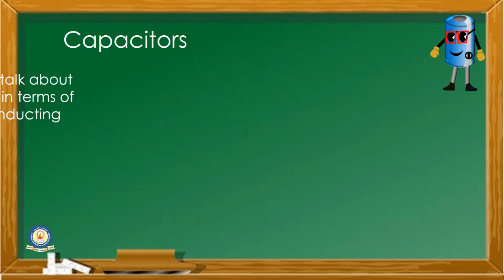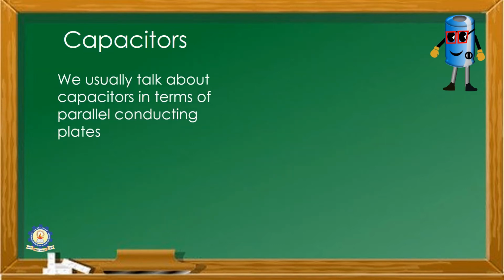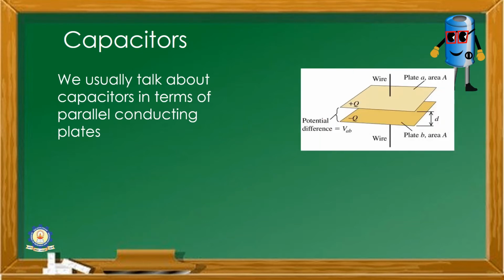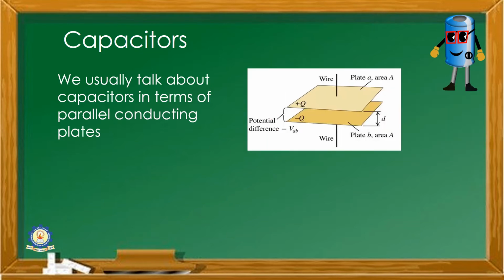We usually talk about capacitors in terms of parallel conducting plates like this. One plate has positive charge Q, the other plate has minus Q, and they are separated by a distance d, the distance of separation. The area of the plate is A, and the potential difference is given the symbol V_AB, and these two plates are connected with the help of a wire.